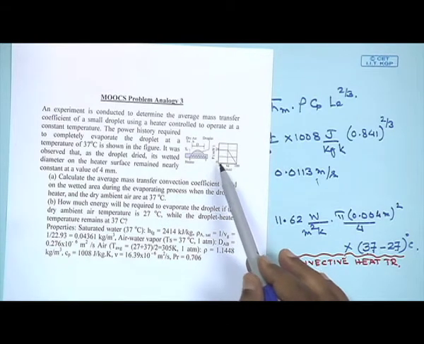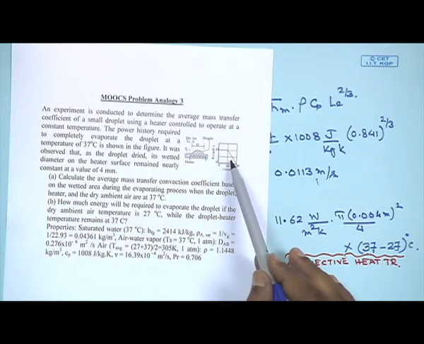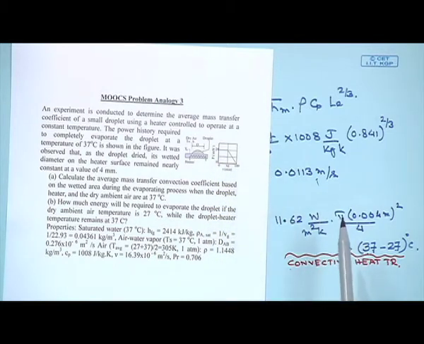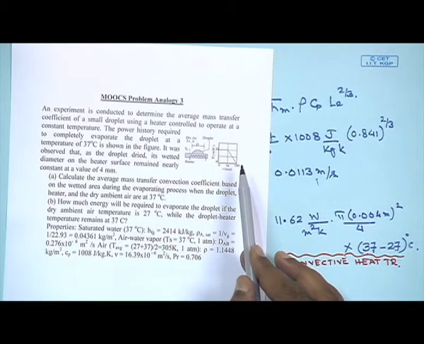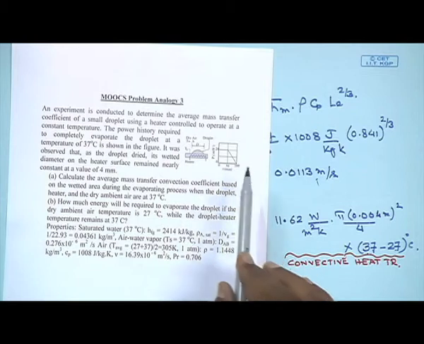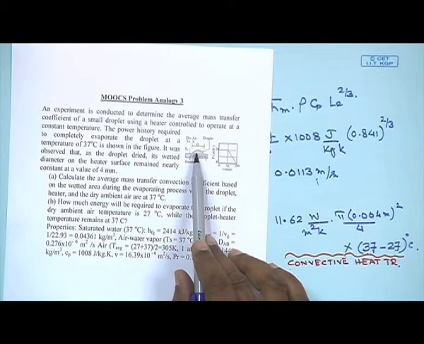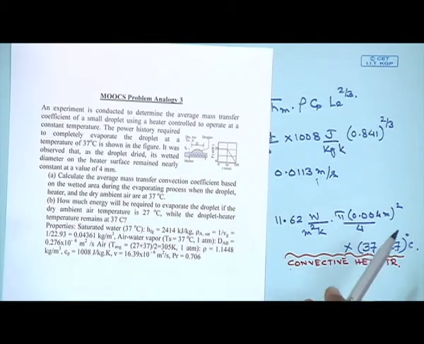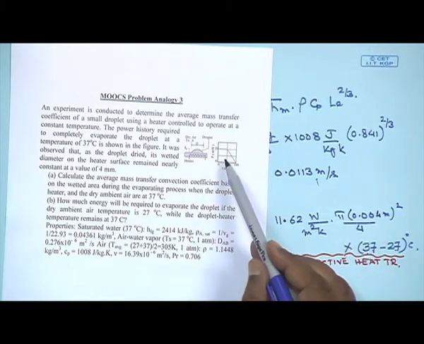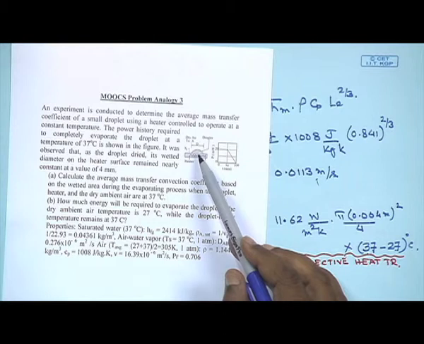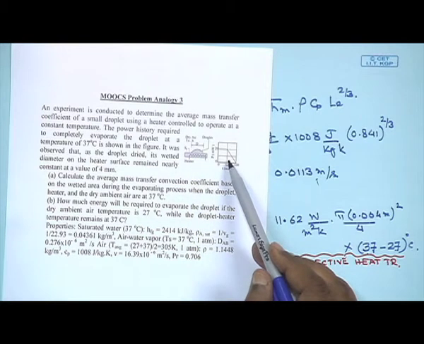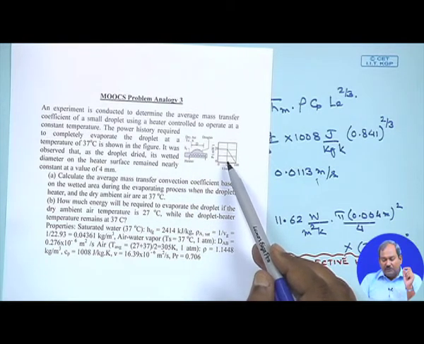If you plot power as a function of time, the area under the P-t curve is simply the total energy requirement. So this simple experiment gives you an idea of the total energy requirement to evaporate this droplet. The mass of the droplet can therefore be deduced from the power time curve.